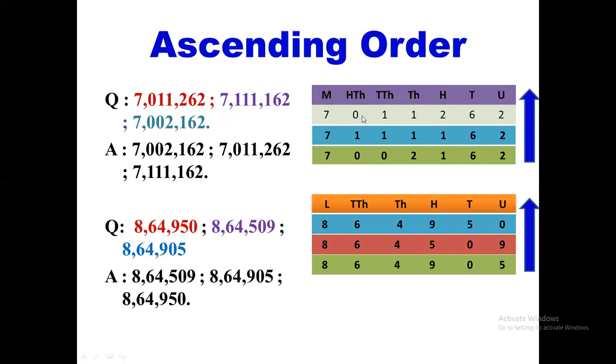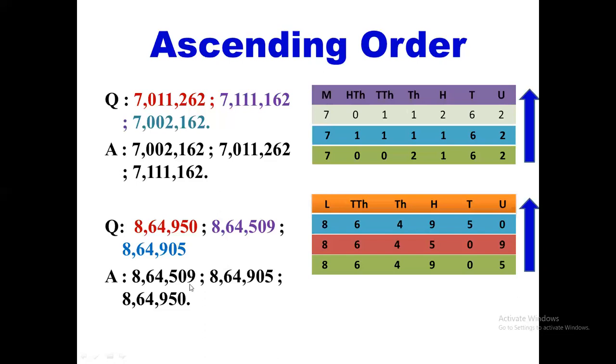Then we have the next number having zero on the 100,000 placement, and then the largest number over here is this one, because it is not having any zero, and it is 7,111,162. So the answer in ascending order is present on your screen.